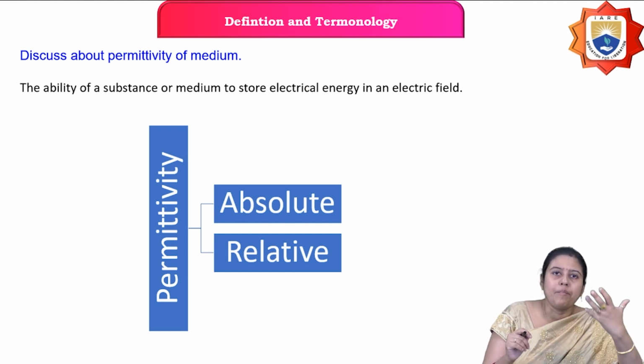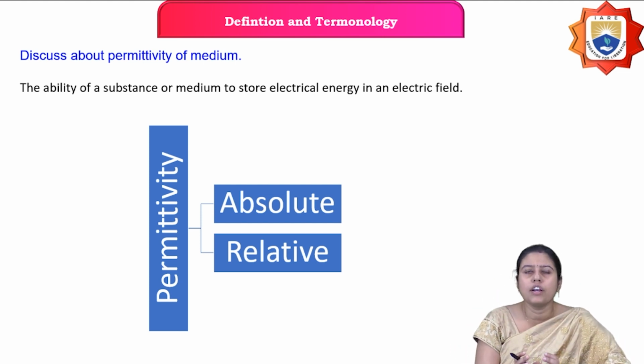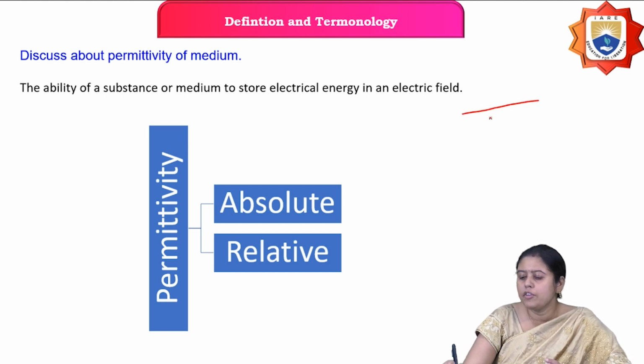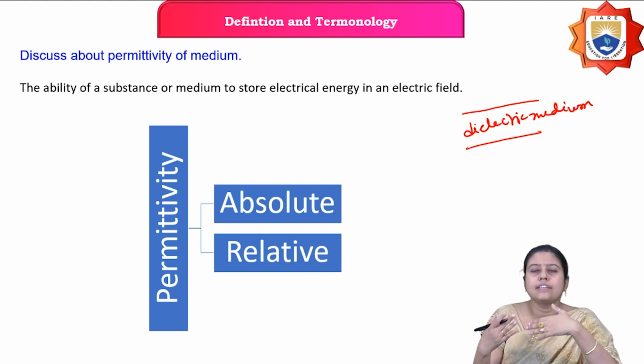So we know the capacitor is used only to store energy. Why does the capacitor store energy? In the case of the capacitor, between the two parallel plates there is some dielectric medium.